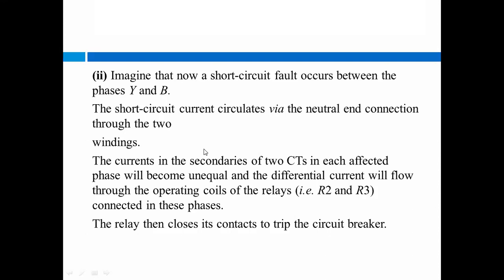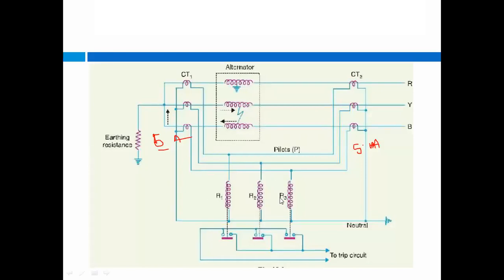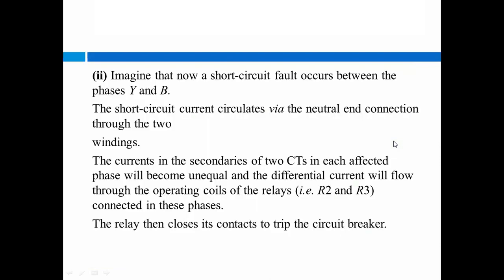As the fault is between two phases, Y and B, the differential current will flow through the remaining two relays, R2 and R3, because R2 is connected to the Y phase and R3 is connected to the B phase. The relay then closes its contacts to trip the circuit breaker.